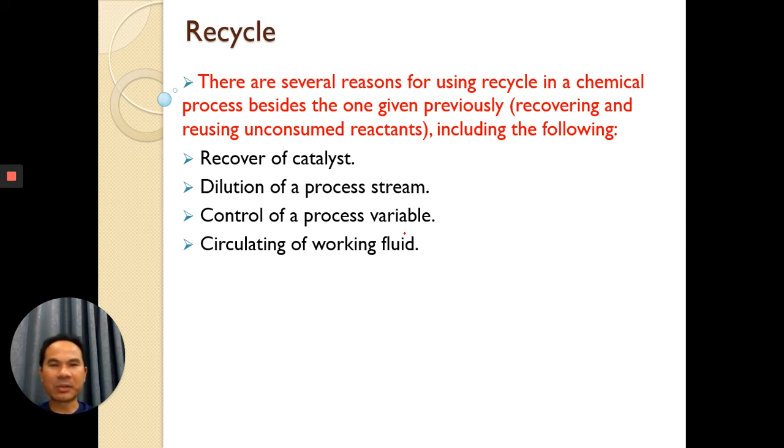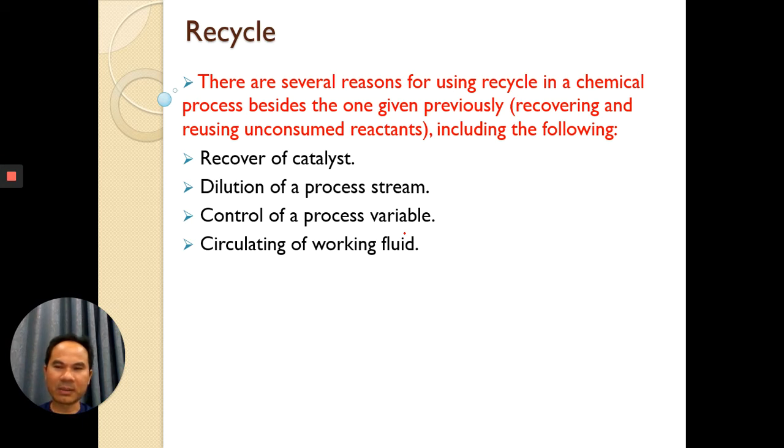If it can be used again and again, we should use it again to save money, to save cost. After the reactant reacts with another reactant, using the catalyst to accelerate the reaction, we can recycle the catalyst to use it again.